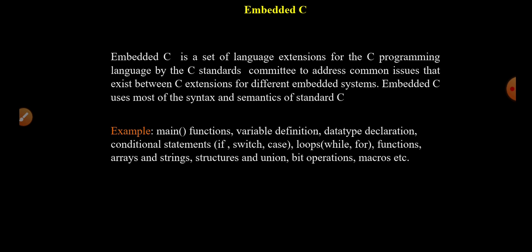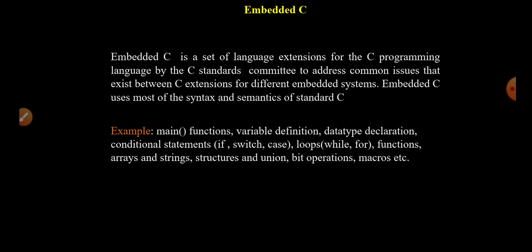Now embedded C. Embedded C is a set of language extensions for the C programming language by the C Standards Committee to address common issues that exist between C extensions for different embedded systems. So embedded C uses most of the syntax and semantics of standard C, right? In simple terms we can say that embedded C is an extension of your C programming.